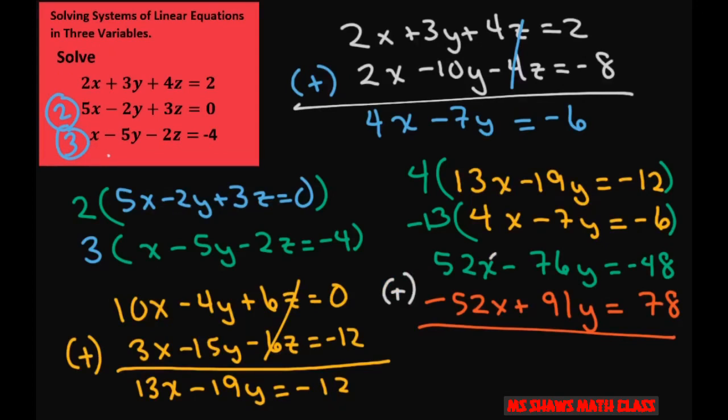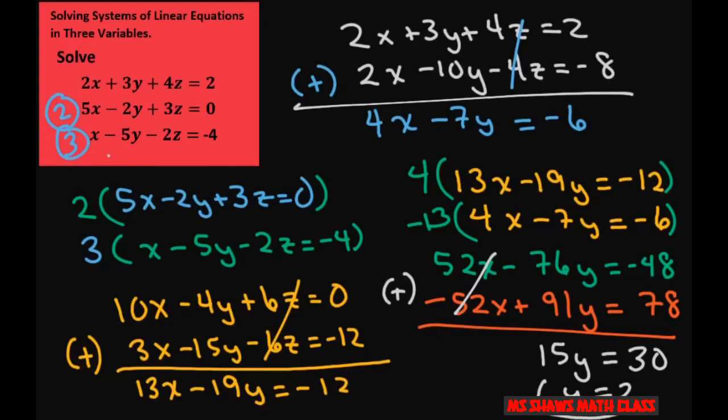So when you add these, the x's go away. And 91 minus 76 is 15, and 78 minus 48 is 30. So you divide both sides by 15. Y is 2.